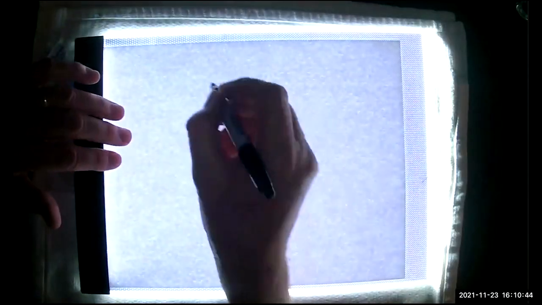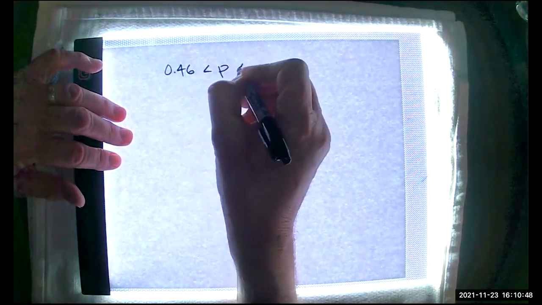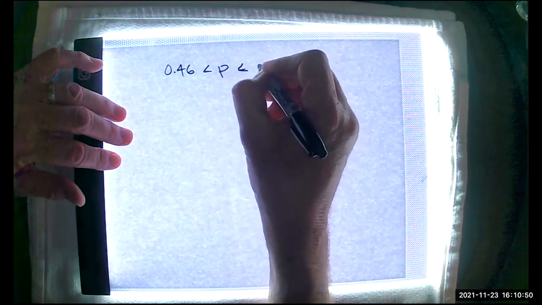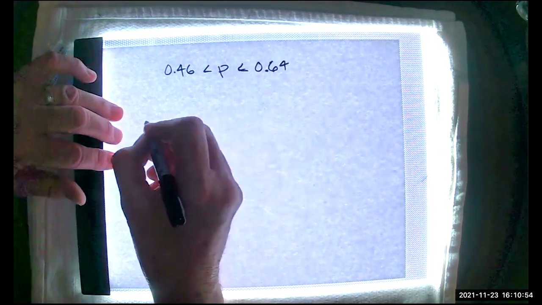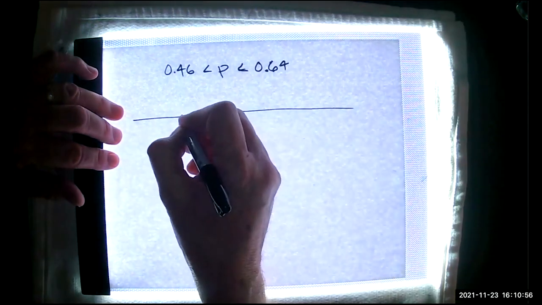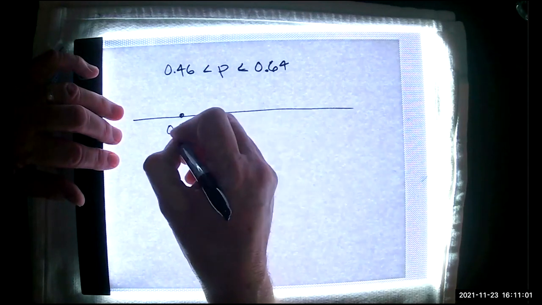So you're given a confidence interval. You're really not given any detail as to where the confidence interval came from, only that this is the confidence interval. And it's important to remember that this exists on a number line.